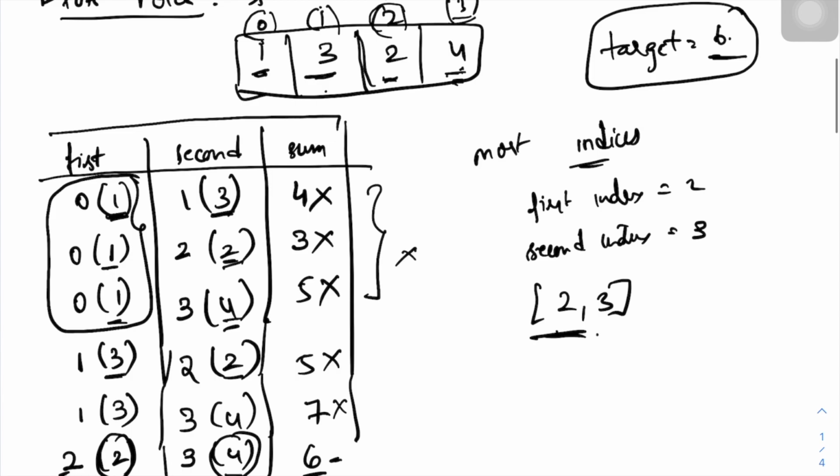You moved your first pointer from 0 to the first location, and you are again rotating the second pointer to the second and third positions. You already knew that the second and third positions had 2 and 4 in them. Why didn't you remember that here? So this is the optimization that we can do.